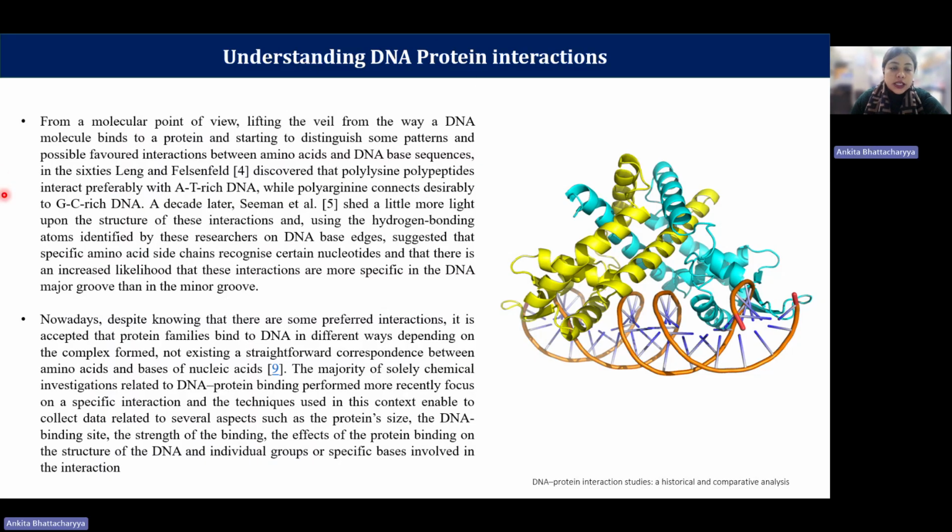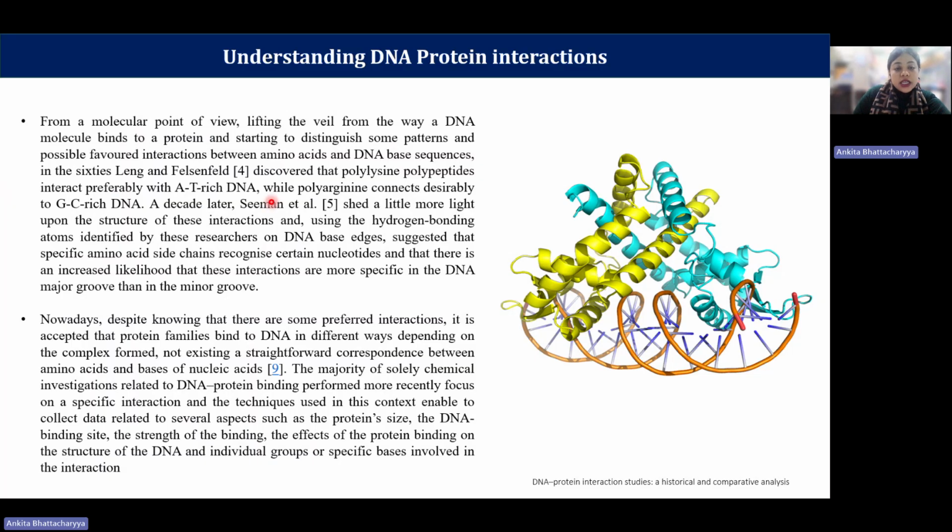This was one of the first studies where people started noticing that certain types of amino acids from certain types of proteins preferentially bind to some sequences, some common motifs, or some stretches of DNA which are more biased towards certain nucleotides over others.